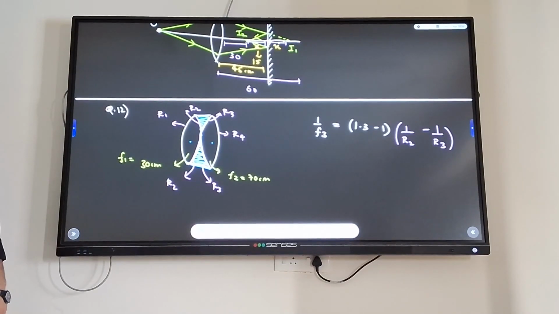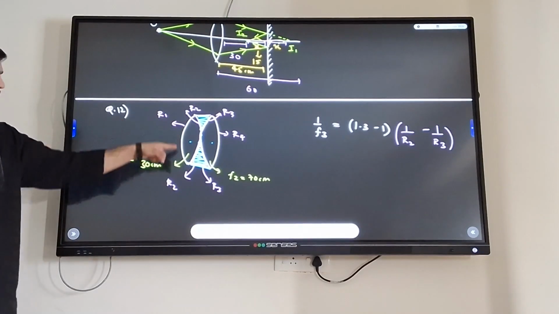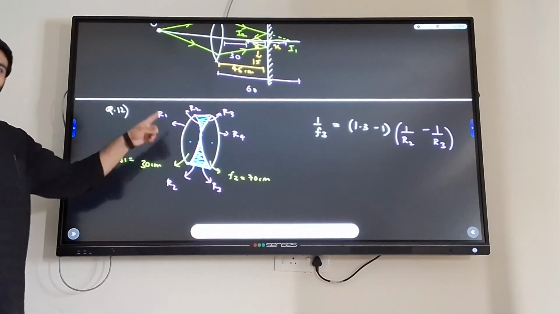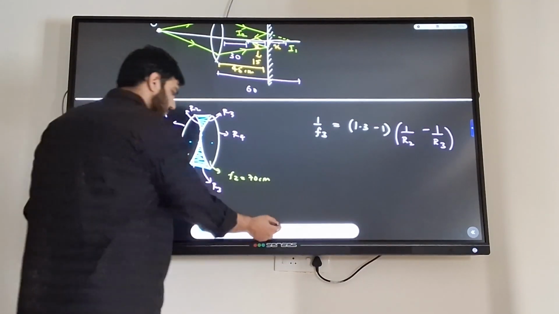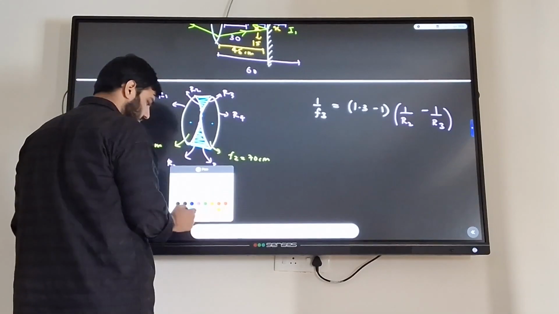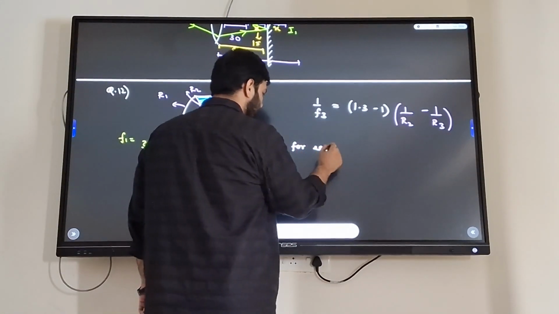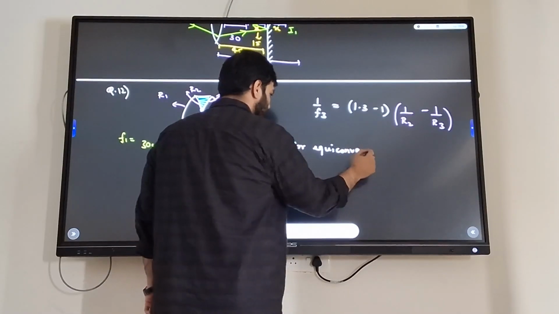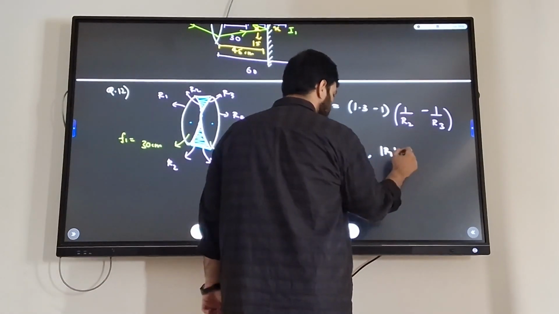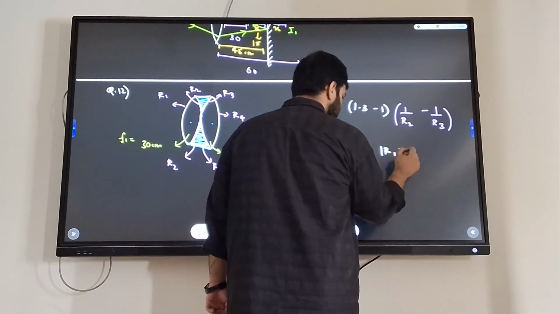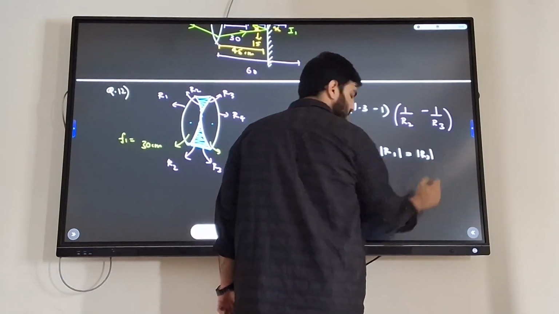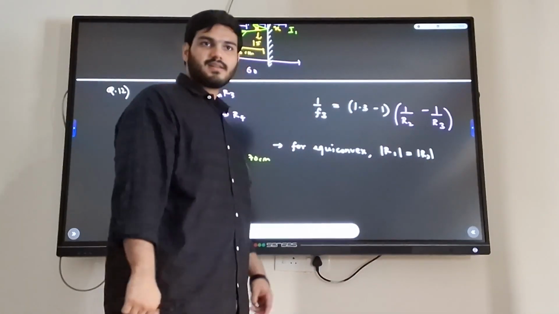But some things are given: the convex lens is equiconvex. For equiconvex, at least you can say that mod of R1 is equal to mod of R2. Let me call it some R.